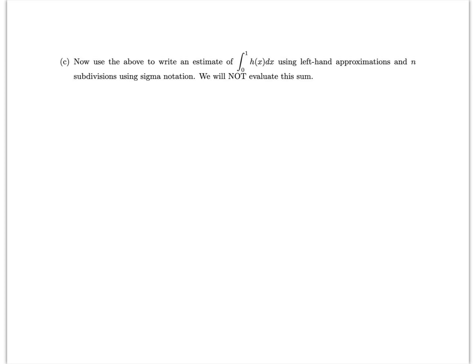Now use the above to write an estimate for the integral from 0 to 1 of h of x dx using left-hand approximations and n subdivisions using sigma notation. But we're not going to evaluate this sum. So we're just going to say the integral from 0 to 1 of x squared dx can be approximated by a sum of rectangles. The first rectangle's height was 0, so its base was 1 over n, and its height is 0.